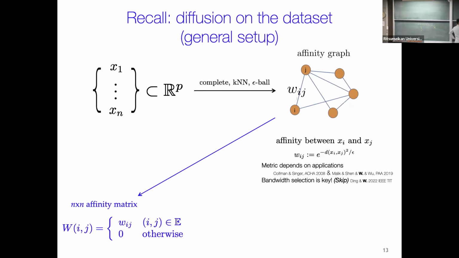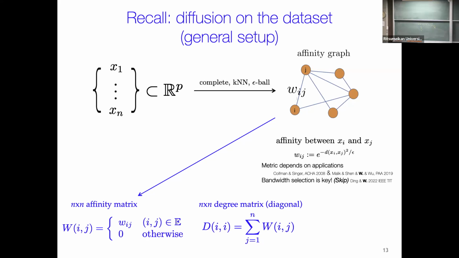And from this affinity graph, you can build up an affinity matrix, which is an n by n matrix. If ij is an edge, then you put omega ij; otherwise you put 0. Then you can construct a degree matrix D, which is a diagonal matrix, so that the ith diagonal entry is just the row sum of the W affinity matrix.